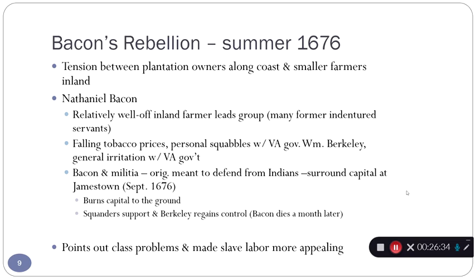Okay, so indentured servitude, very, very popular source of labor, not just in Jamestown, but throughout the colonies, really throughout the 1600s and into the 1700s.